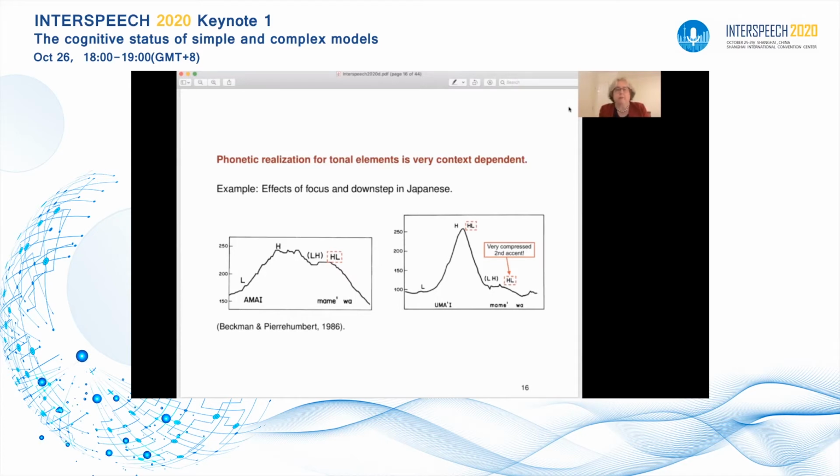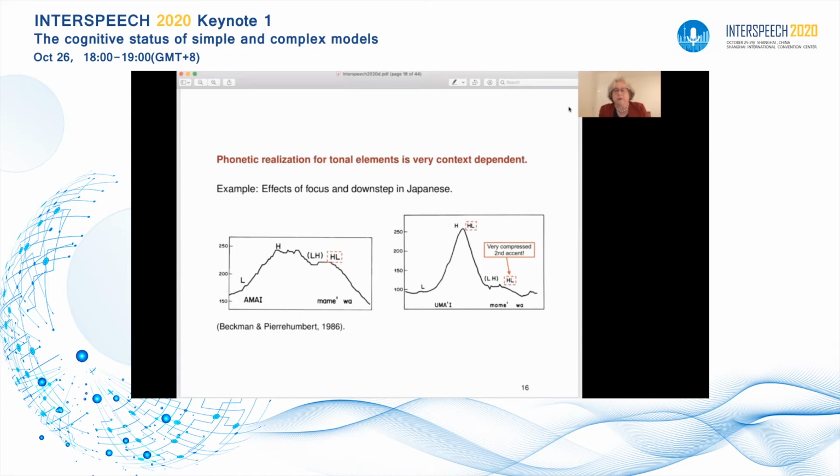So the panels show a minimal pair of short phrases. In the left-hand panel, the first and focused word is not accented. So there's one accent on the second word. But in the right-hand panel, the first and focused word is accented. And then the next word is just the same.